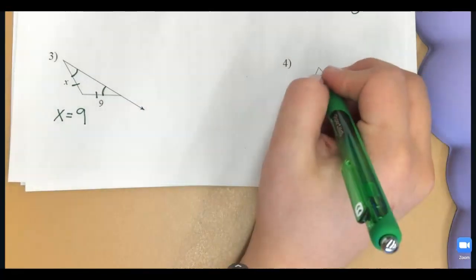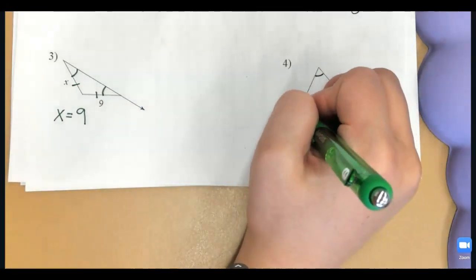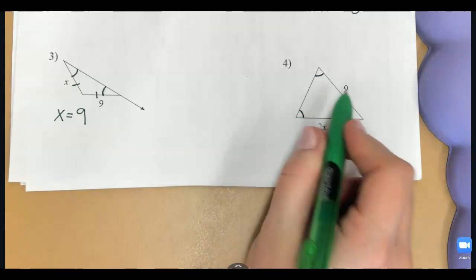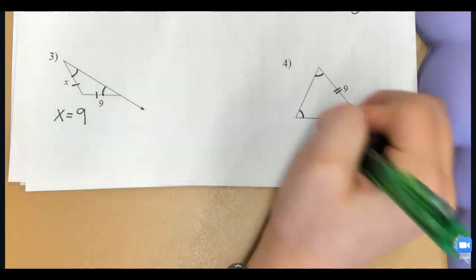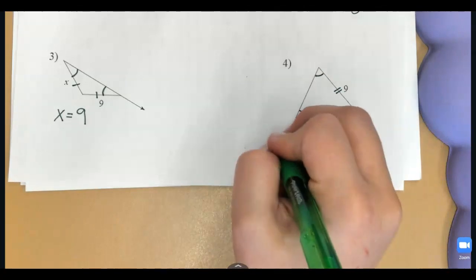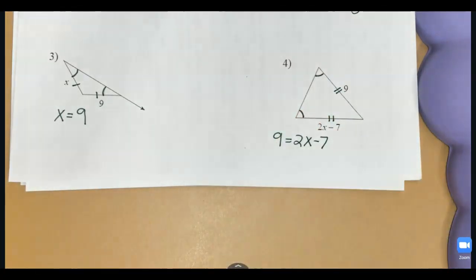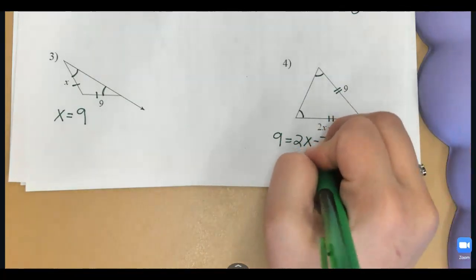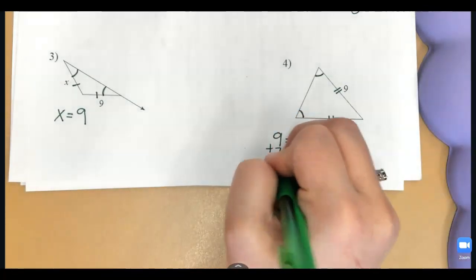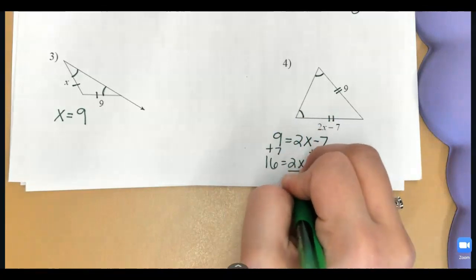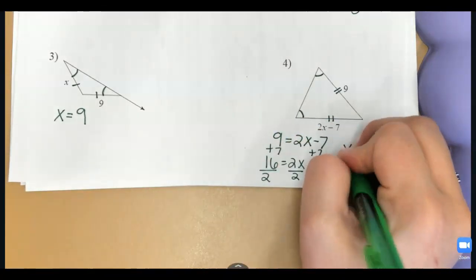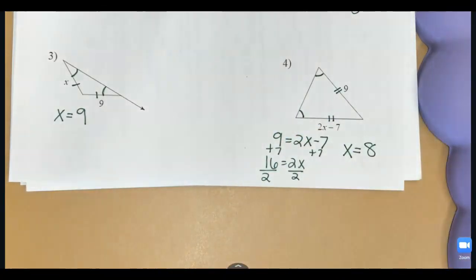On number 4, again, I've got these two tick marks telling me my base angles are congruent. So the sides opposite them are the 9 and the 2x minus 7. So those are also going to be congruent, and I can use this equation to solve for x. I'm going to add 7 and divide by 2 and find that x is 8.